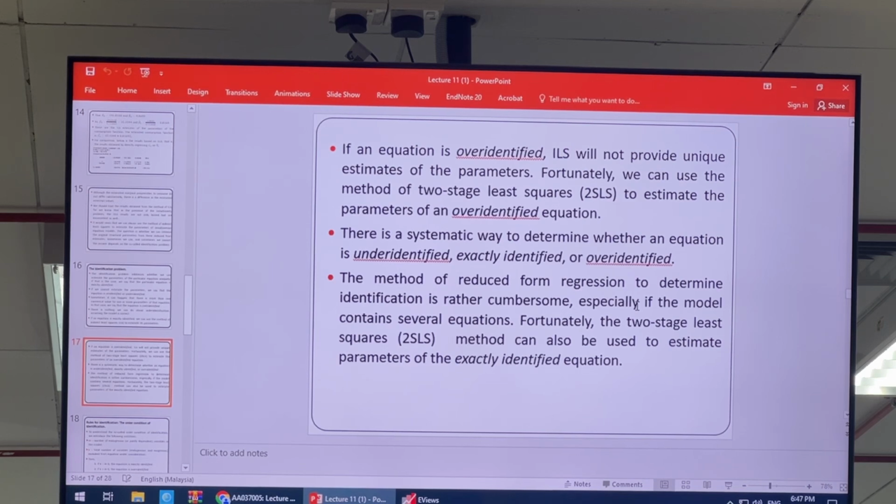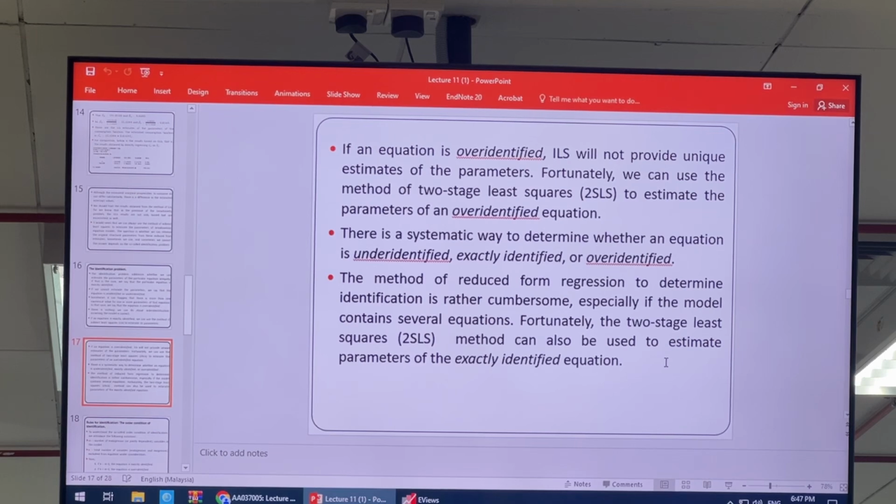Imagine if we have four endogenous variables, then you have four reduced form equations. It is quite tedious to do the calculation. Fortunately, the two-stage least squares method can also be used to estimate parameters of the exactly identified equation.